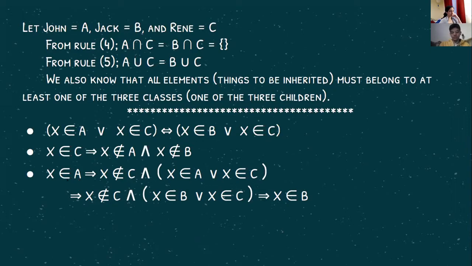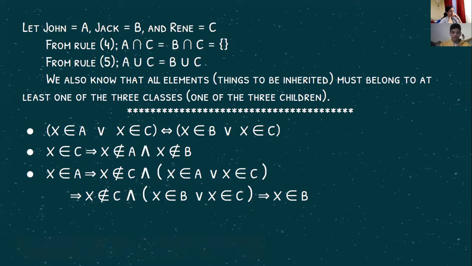So if x belongs to A, this implies that x belongs to A or x belongs to C. I also know that this would imply that x belongs to B or x belongs to C. That's the fifth rule: x belongs to A or x belongs to C implies that x belongs to B or x belongs to C. So I can just translate this part into this one.